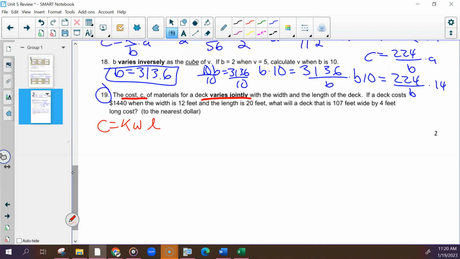Okay, then it says if a deck costs $1,440, when the width is 12 feet and the length is 20 feet, so you can put all those numbers in.